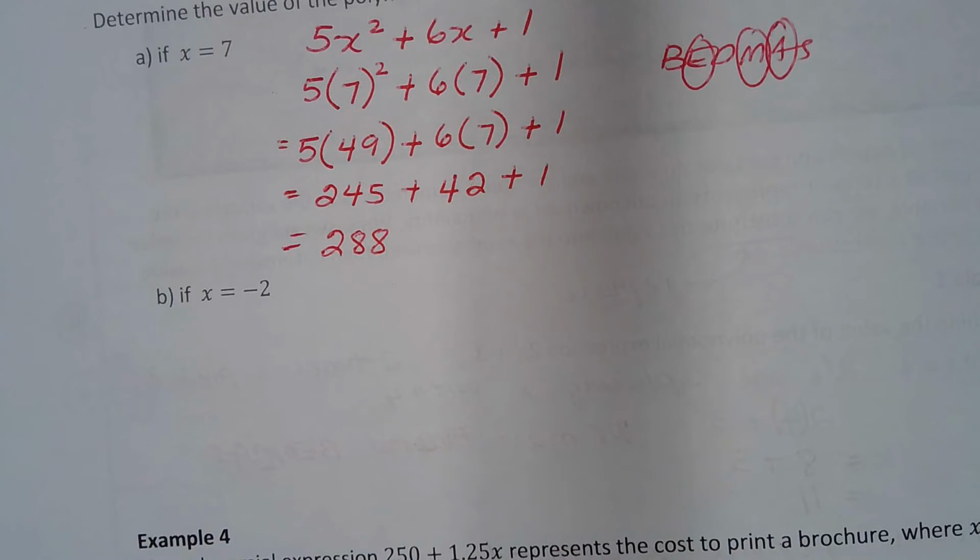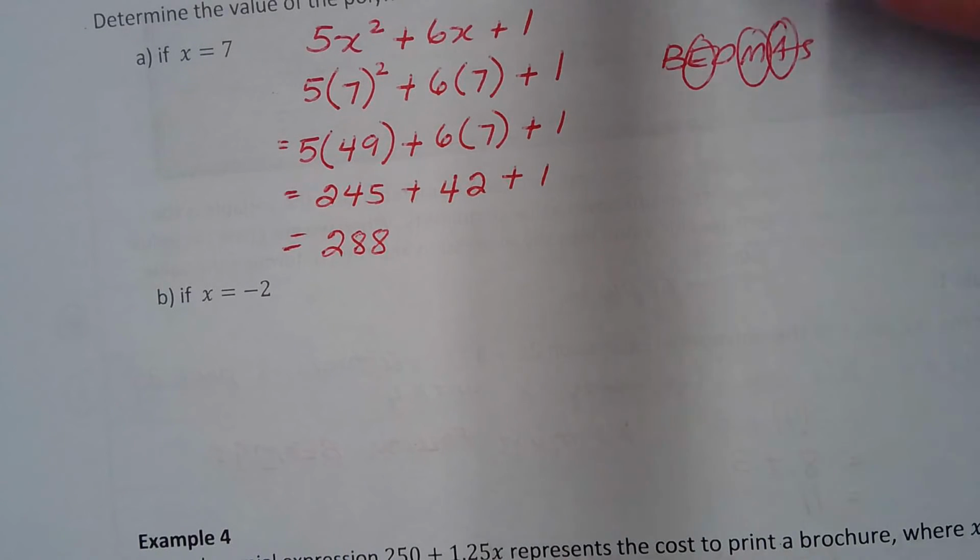But in your brain, you were doing the squaring first, right? On your calculator, your calculator is scientific, so it follows that particular order of operations. But step by step, that's basically what's happening.